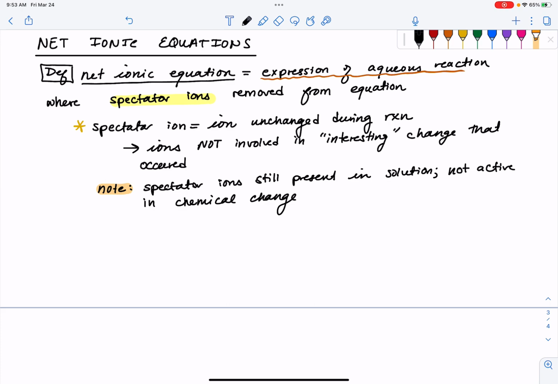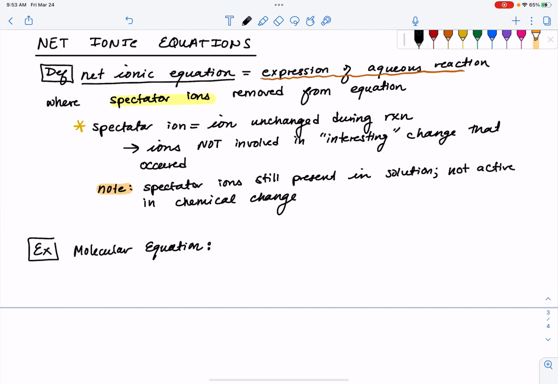So let's look at our prior example of silver nitrate and ammonium chloride. So we had our balanced molecular equation.